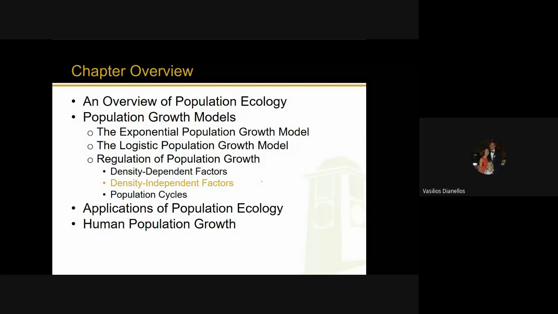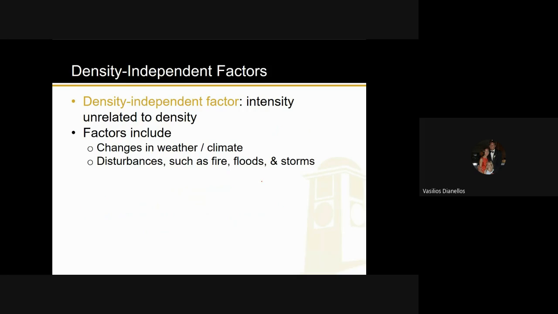Anyway, that's density dependent factors. Let's quickly look at density independent factors. Basically, if you're taking notes, you could just write down that it's kind of like the opposite of density dependent factors. This is where intensity is unrelated to density. Some examples include changes in weather or climate, right?